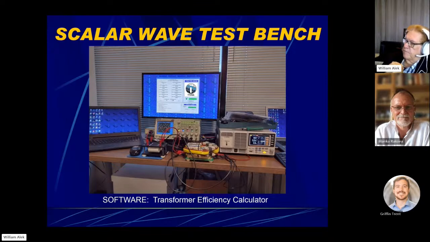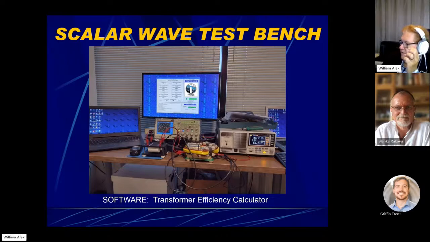With this power supply, it just generates my AC form, my sine wave, driving a transformer, because you can only power transformers from an oscillating source, whether it's AC or a DC source.